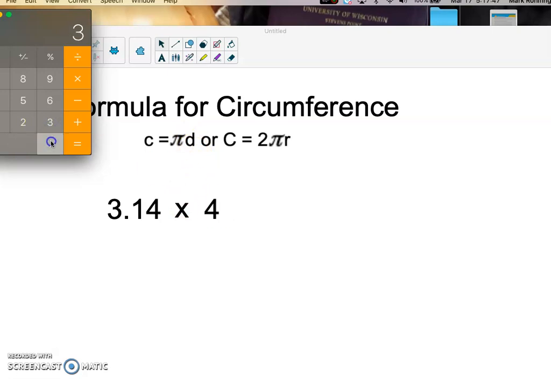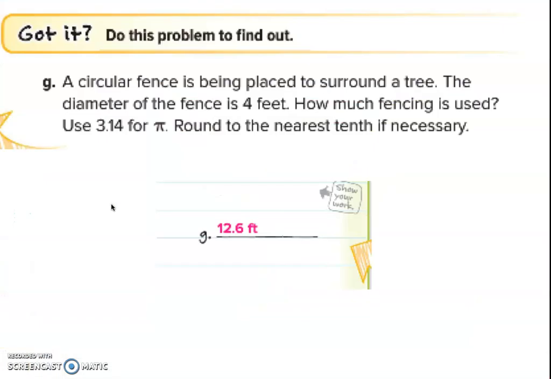So in our calculator, 3.14 times 4 equals 12 and 56/100. It said round to the nearest tenth. So there's our tenth spot. The 6 will make it round up to 12.6.